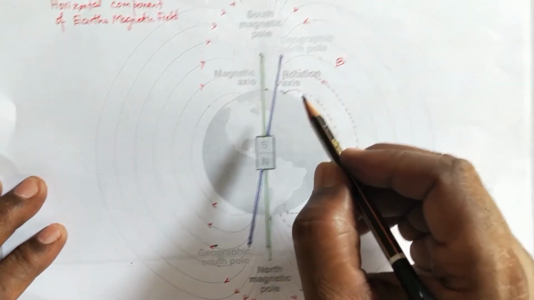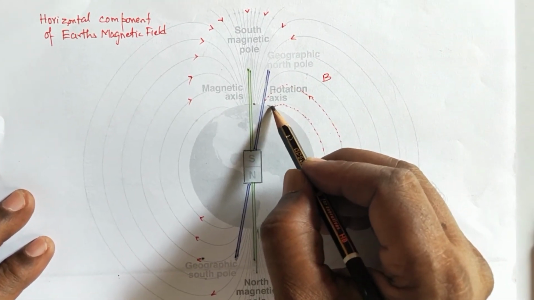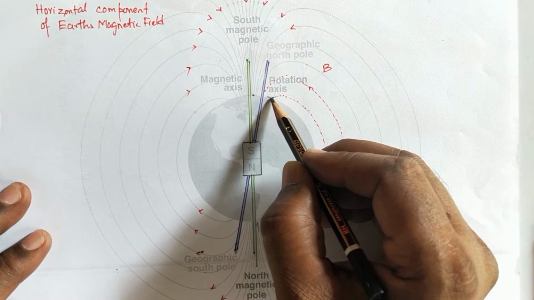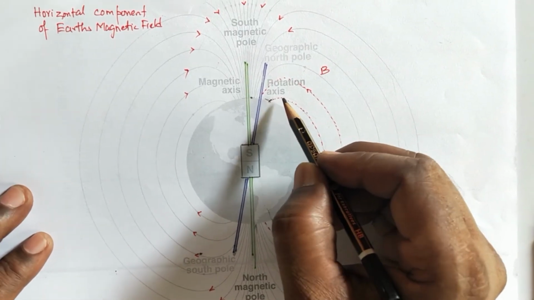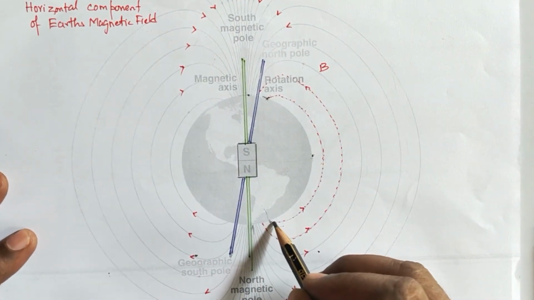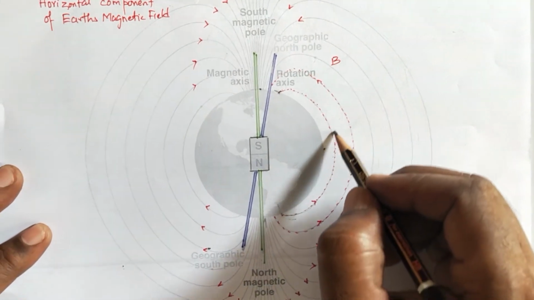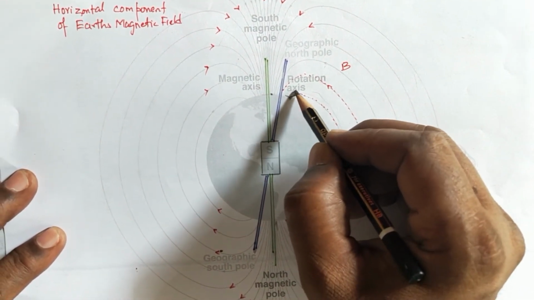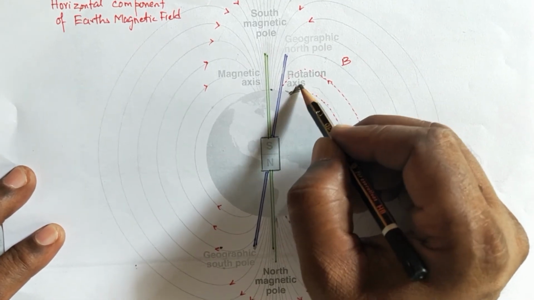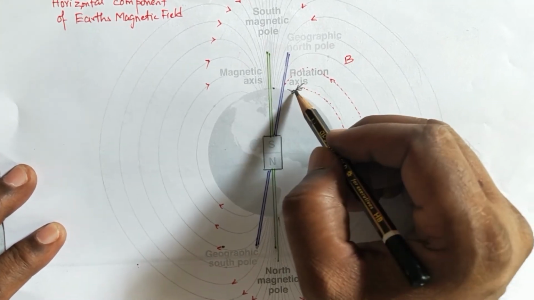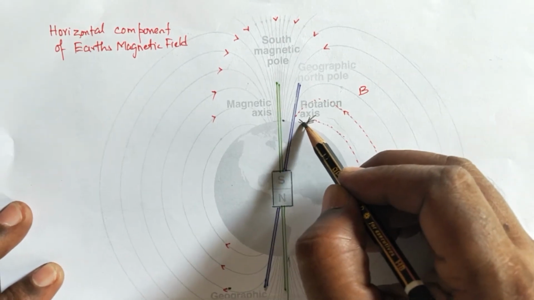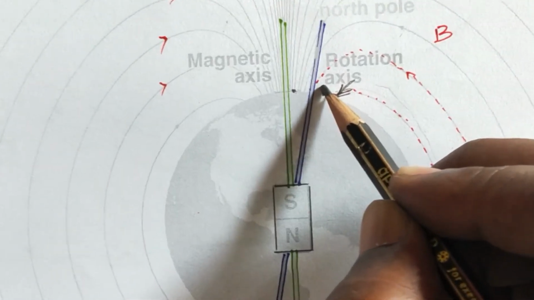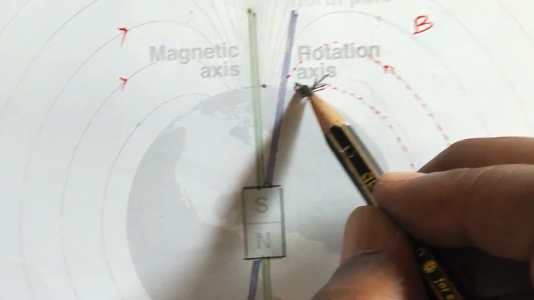Now at a given place we want to measure the horizontal component of the Earth. How should we do it? You see here, at this place the magnetic field line is passing in this direction. So the direction of the magnetic field line is in this direction through the surface. The tangent drawn at this point represents the horizontal component of the Earth.